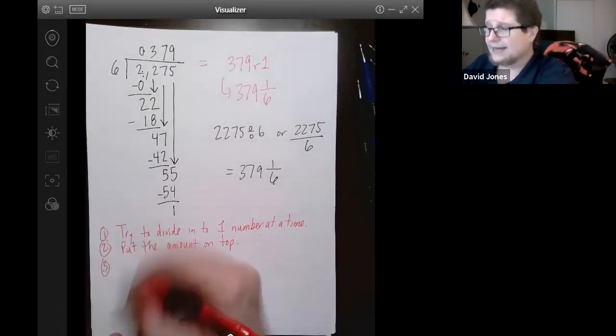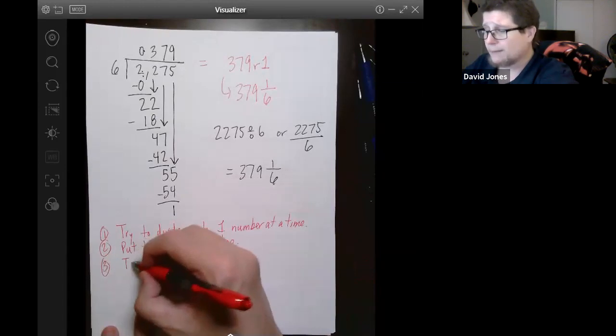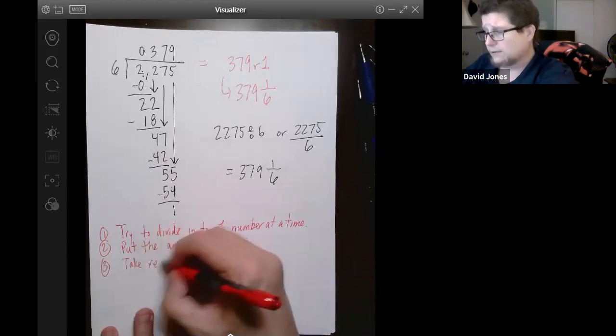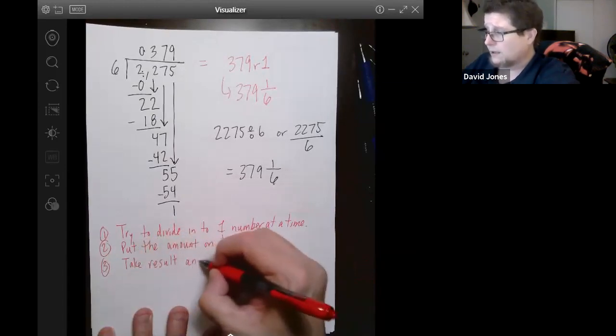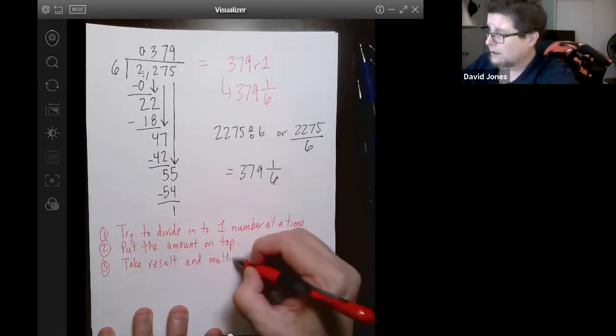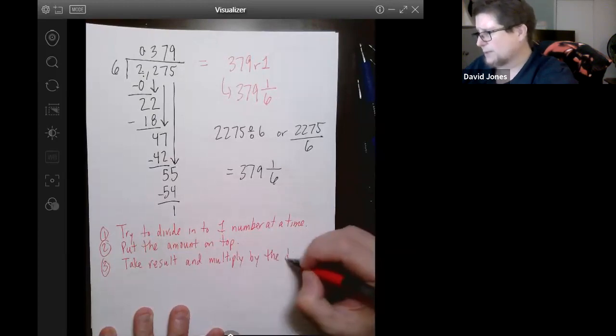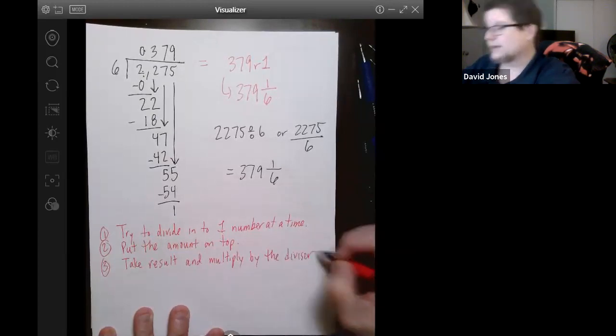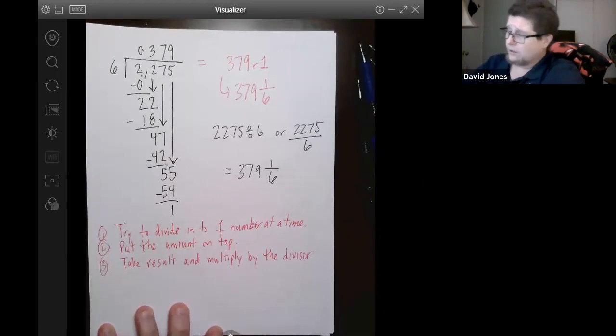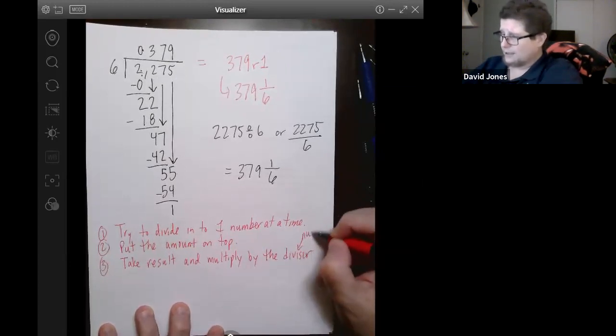Step 3, take the result and multiply by the divisor, the number out front. It's what you divide by.